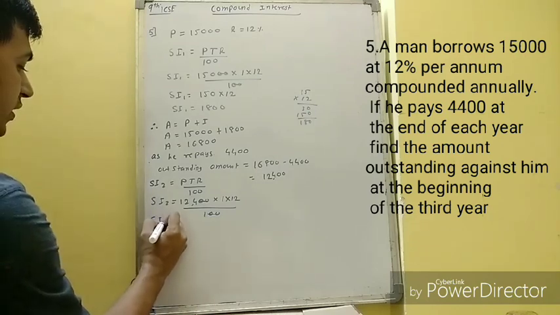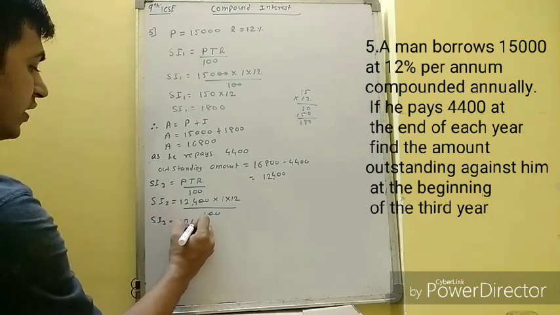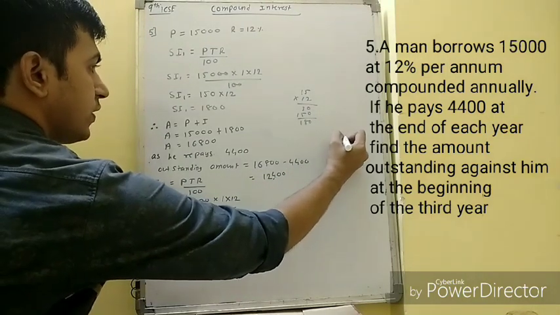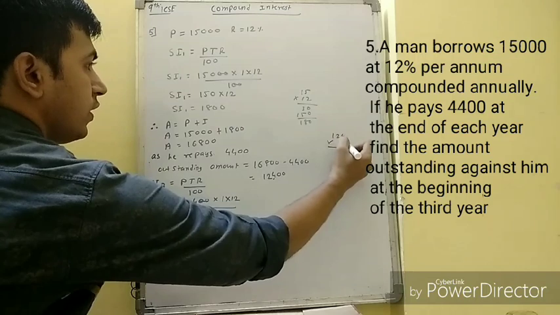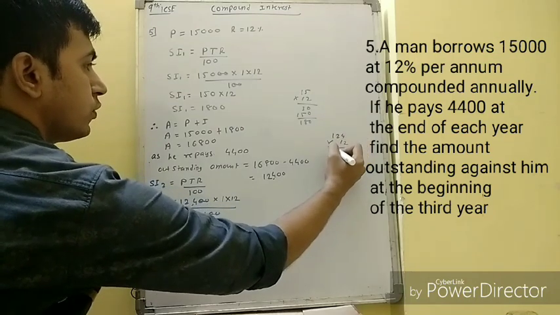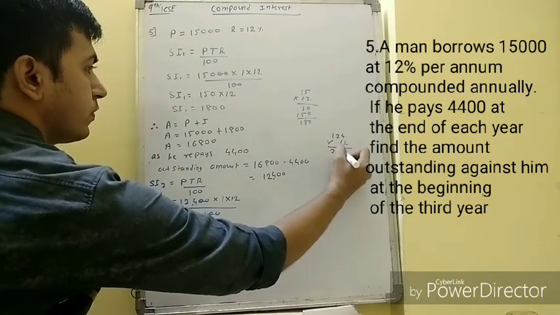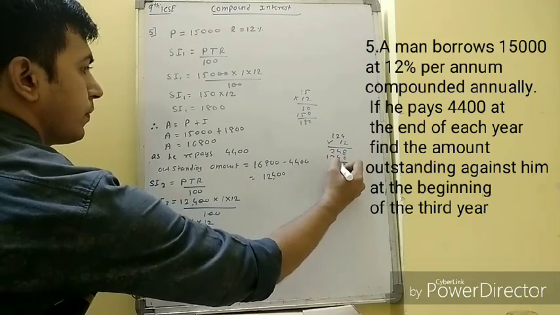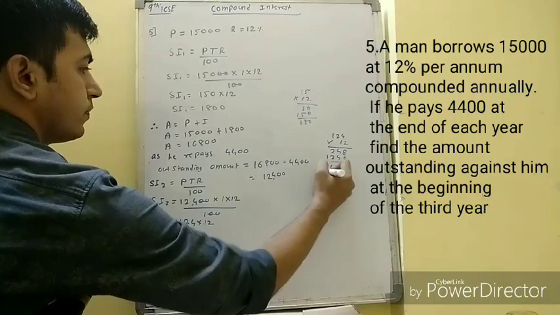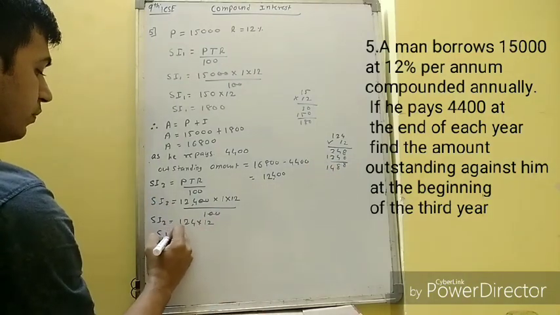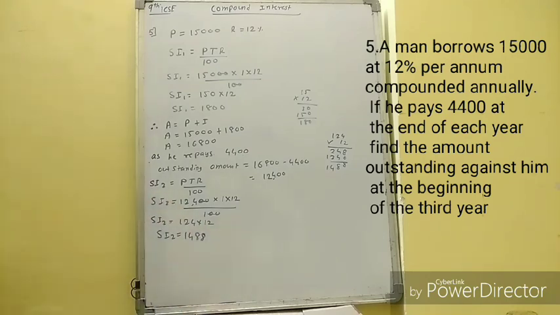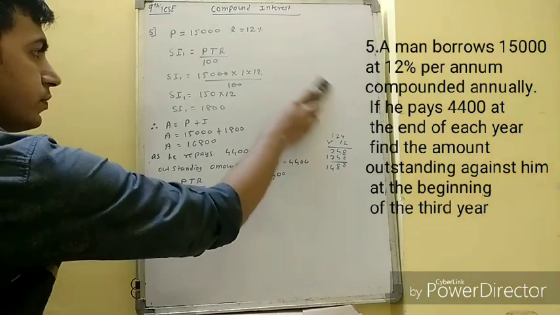So the simple interest for the second year is 124 into 12. 124 2s are 248 and 124 1 is 124. So simple interest for the second year is 1488.